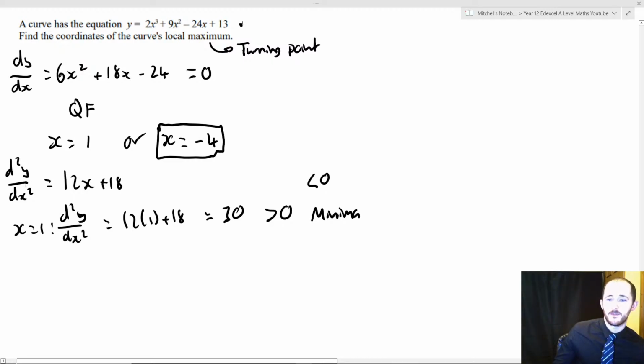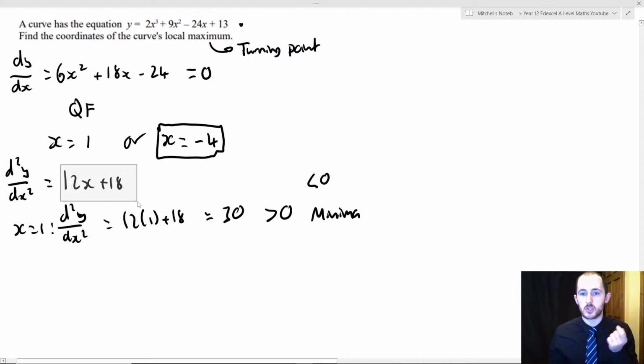Students can get very confused by that. d squared y by dx squared only tells you if it's a max, min, or point of inflection. You have to have a value of x. You can't solve this and get a value of x, it doesn't make sense, because it's not giving you a gradient or a coordinate. So be really, really careful with that.